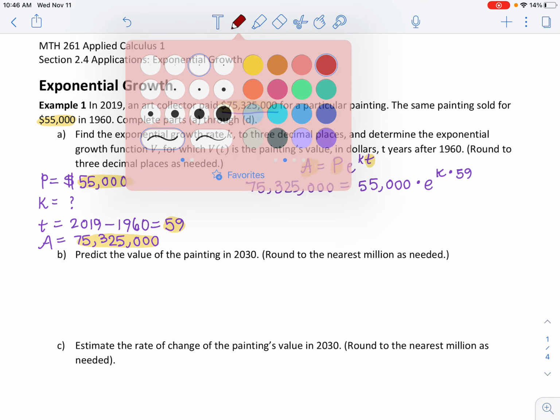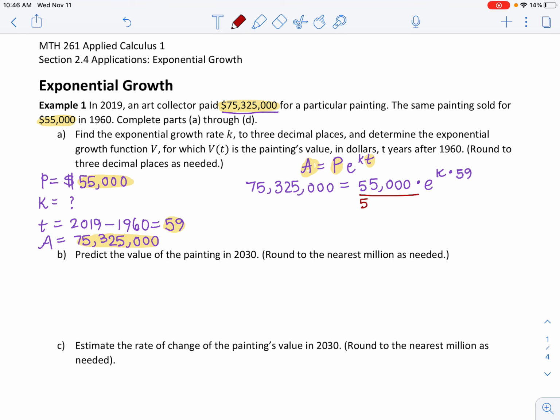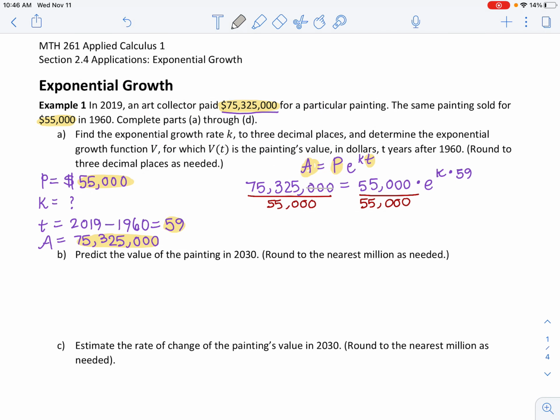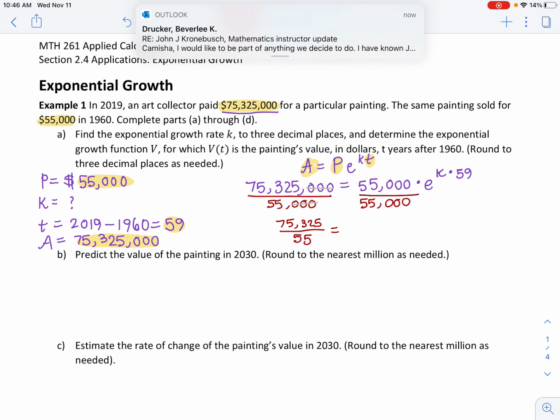Okay, let's solve this. I'm going to divide both sides by 55,000. I don't want to round in the middle of a problem, so I will just take away these 3 zeros and write the fraction as 75,325 divided by 55. I guess you can get a decimal, but I didn't want to round it in the middle of a problem.